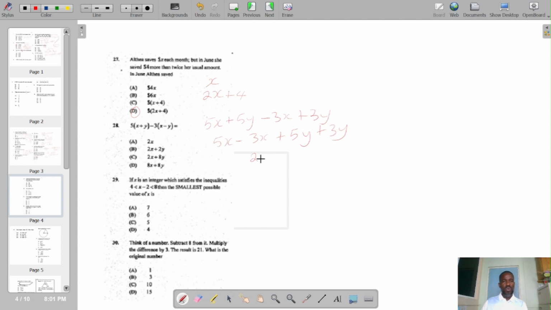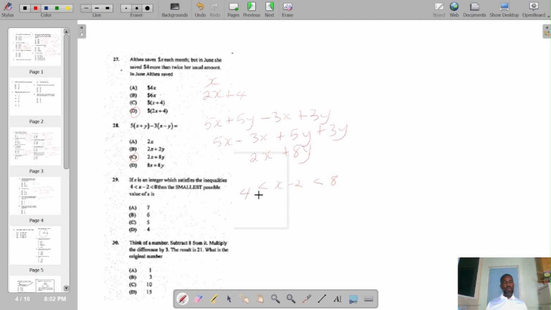So what is the smallest possible value? If you put 7 here, 7 minus 2 will give us 5. What about 6 minus 2? 6 minus 2 will give us 4, but 4 cannot be in the answer. Why? Because it says x minus 2 must be greater than 4. So this cannot be in the answer.